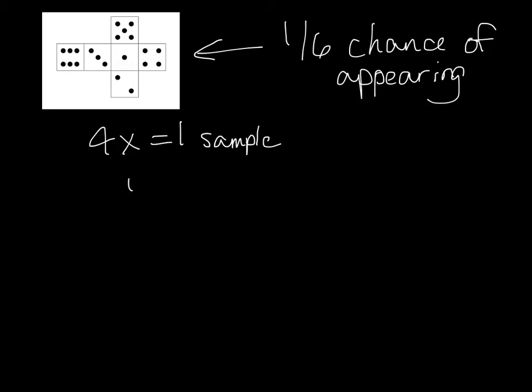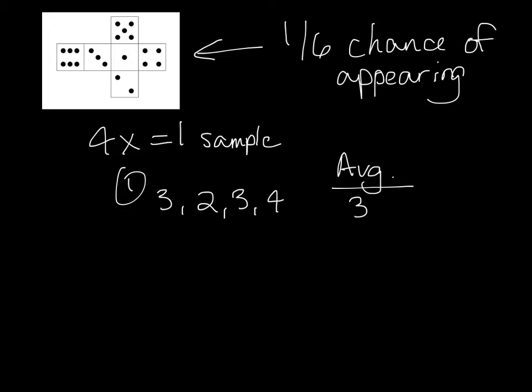So let's say in my first sample, I end up with a 3, a 2, a 3, and a 4. The average of that sample is 3. In my second sample, I roll a 1, a 4, a 2, and a 3.